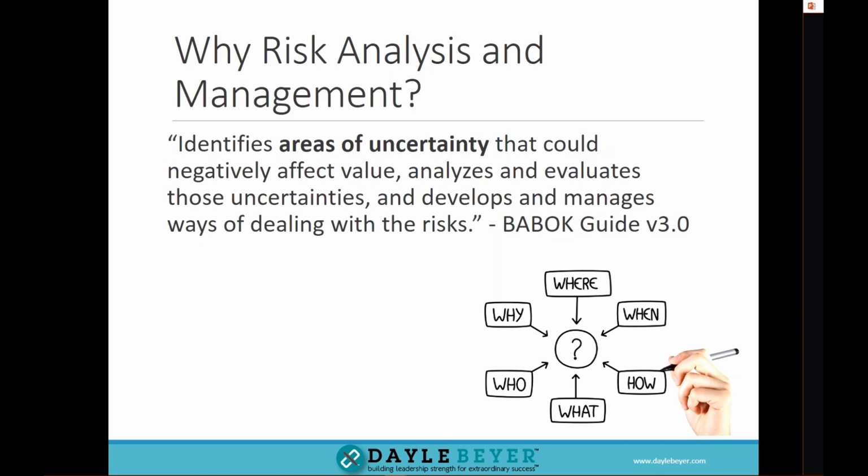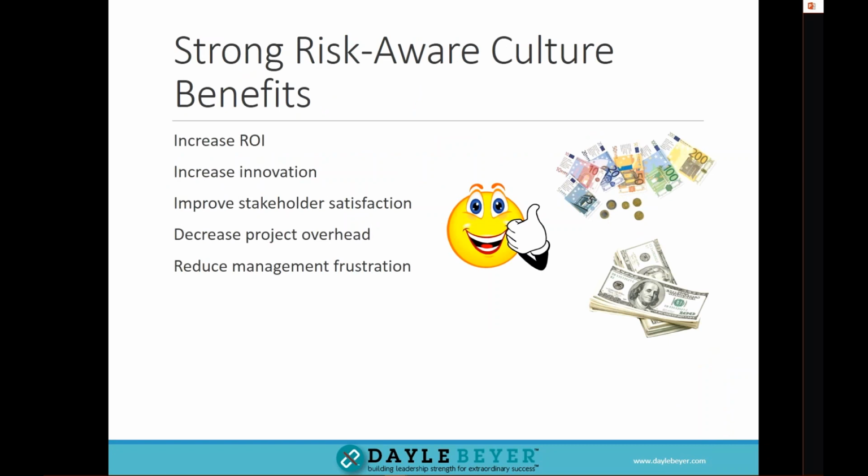Where's the innovation going to be coming from? So we want to create a strong risk-aware culture. We want to increase revenue, the return on investment, increase innovation, improve customer satisfaction, reduce project overhead, and reduce management frustration. And organizations that are trying to have these risk-aware cultures are really moving forward faster than their competitors.